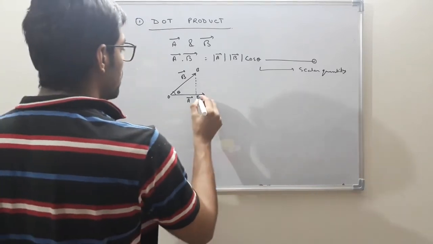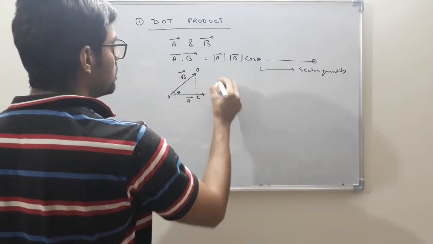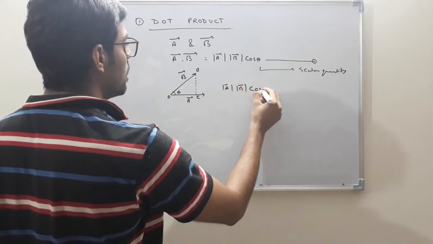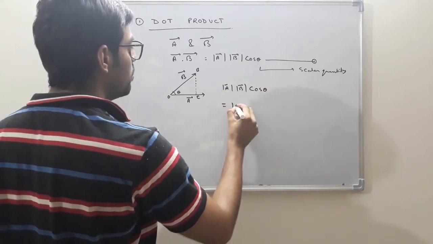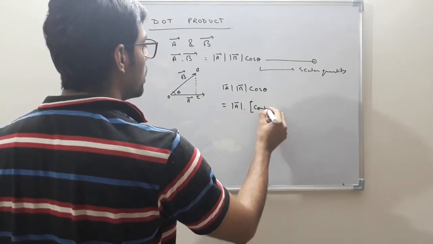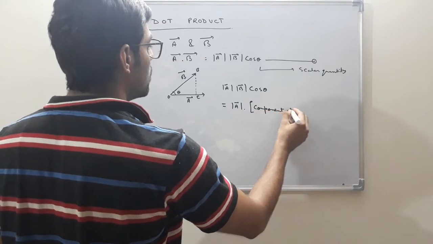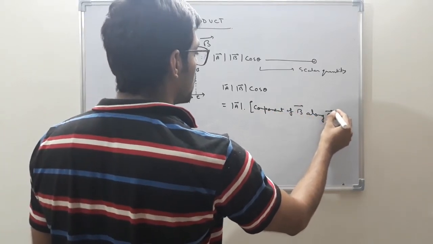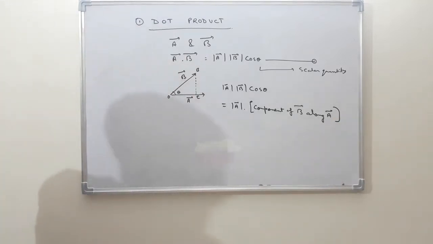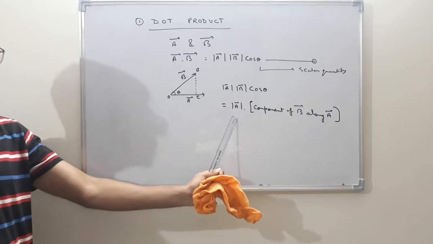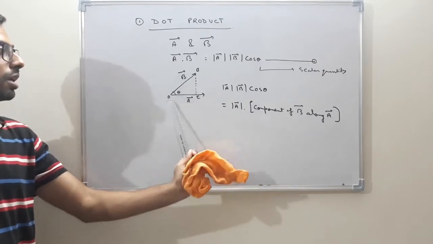Then we can say that this thing, mod A mod B cos theta, is basically magnitude of A into the component of B vector along A vector. So mod A mod B cos theta equals mod A into the component of B along A.